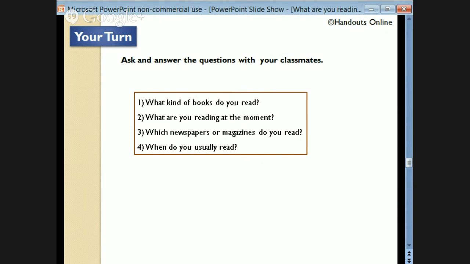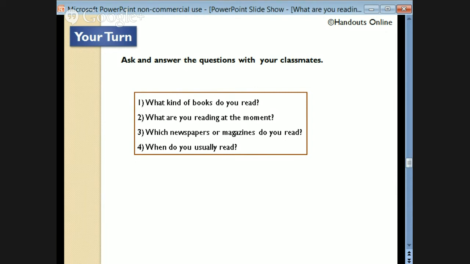When you talk in general about what kind of magazine you read, you just use present simple. I read Cosmopolitan.